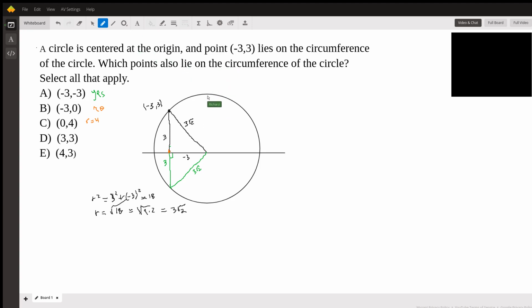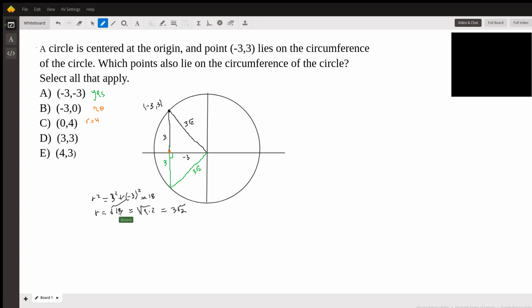Let's try this one more time. There we go. If the radius was 4, the radius squared would be 16, and 16 is less than 18.